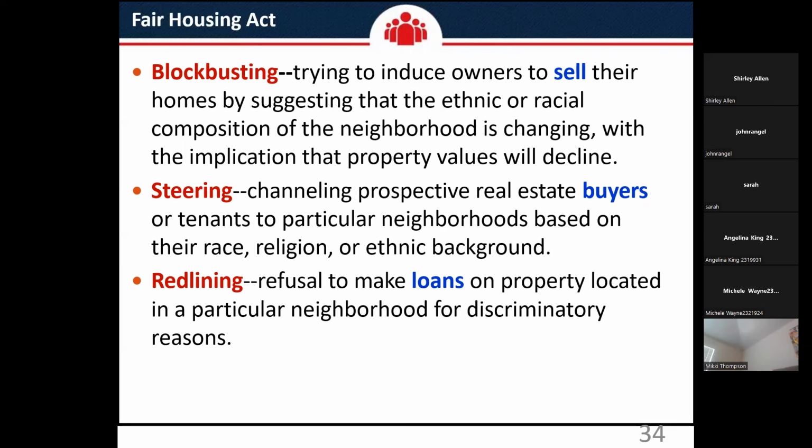Nobody really asked. Well, it was there to not make loans into low-income neighborhoods based on discriminatory reasons. That's redlining. Blockbusting and steering are committed by the MLO and real estate agents. Redlining is committed by the banks and by lenders.